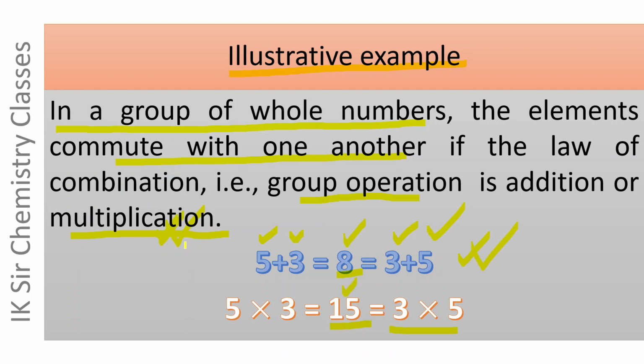It means the group in arithmetic is an Abelian group if the group operation is addition or multiplication. These numbers commute with one another.